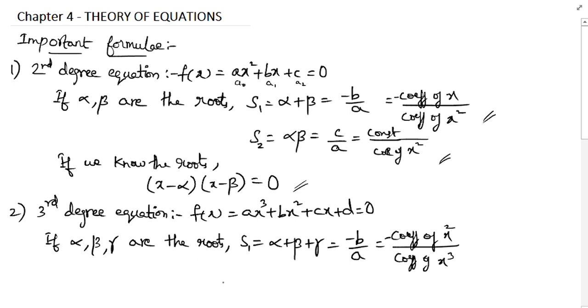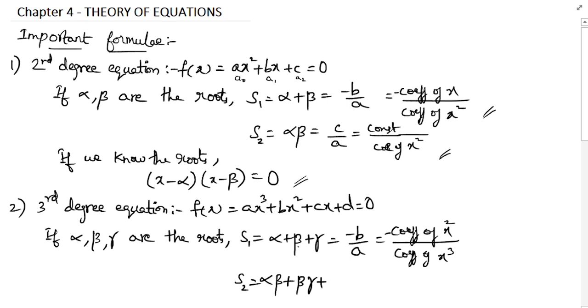Okay, and S2 will be alpha beta plus beta gamma plus gamma alpha. Okay, this is equal to c by a. Okay, c by a, here it is the coefficient of x by the coefficient of x cube.